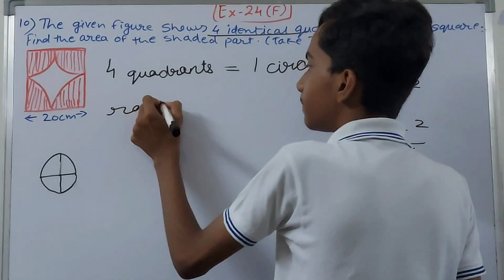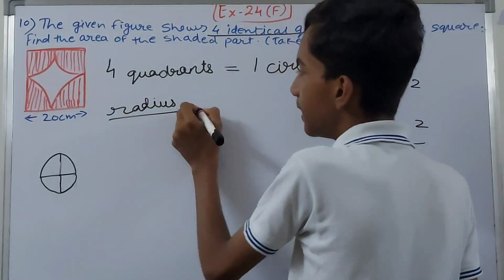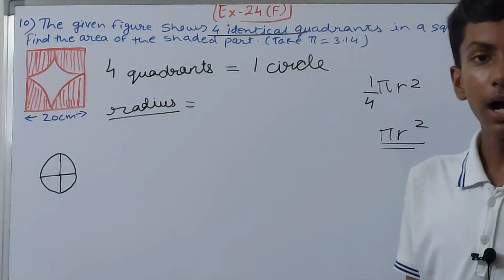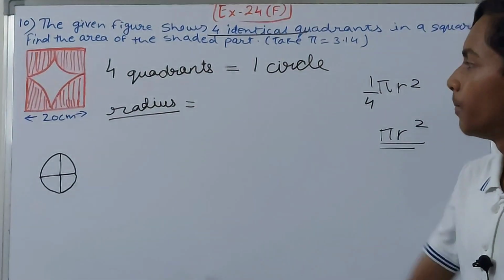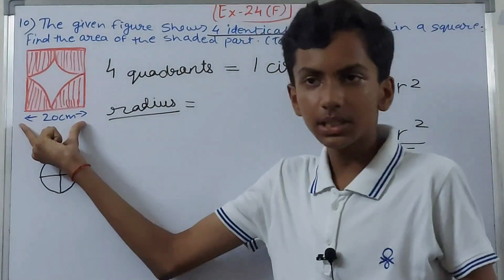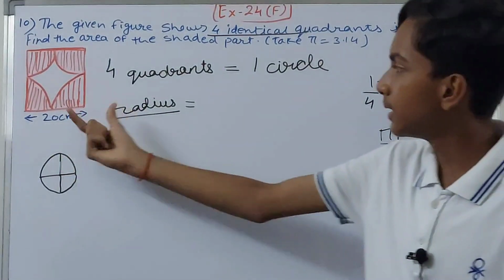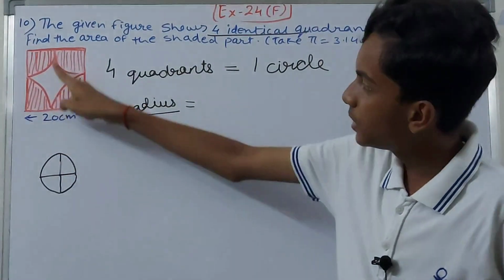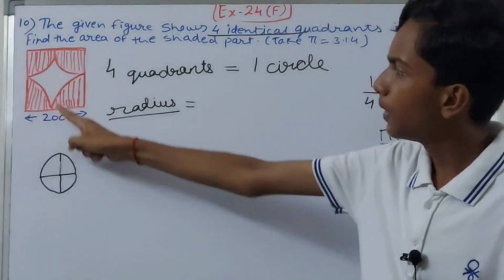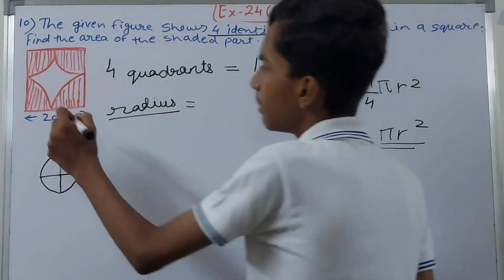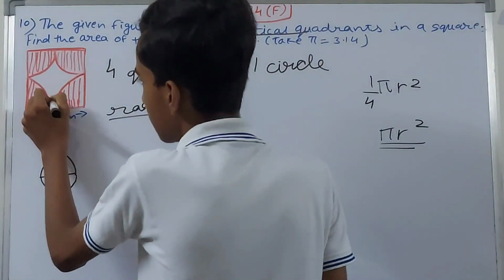So first, the radius. This is also very important. How to find the radius here? See, it is given 20 centimeters here. That is the length of the square. And on this side of the square, you can see in the middle there is a line, if we make an imaginary line like this.